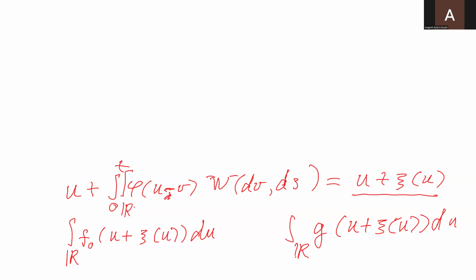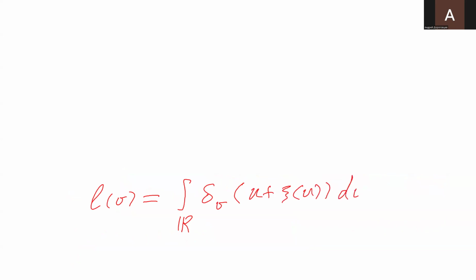Let me show you. Let us introduce the local time L_v of this process. So this is the integral over r of delta v of u plus psi u du. And you remember that we usually have smoothness with respect to the spatial variable.